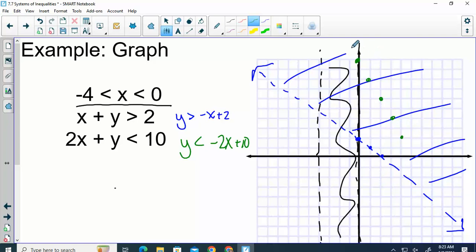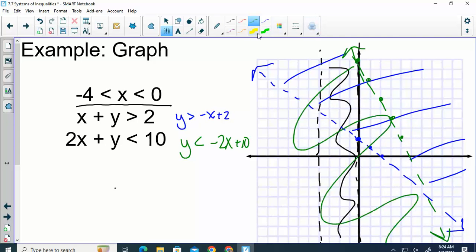Dashed. Okay, where are we shading? Above or below? So my overlap is this section right here.